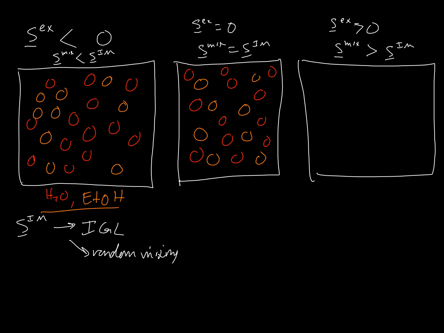One more time, I'm sorry, I couldn't hear you. So it has to be more, they're perfectly miscible, but they have more entropy being generated than if you had a total random mixture. Let's say it's a 50-50 mixture in all circumstances. There are mixtures that have positive excess entropy.